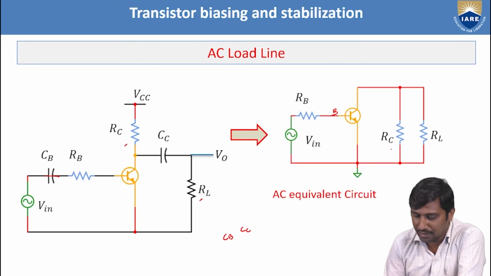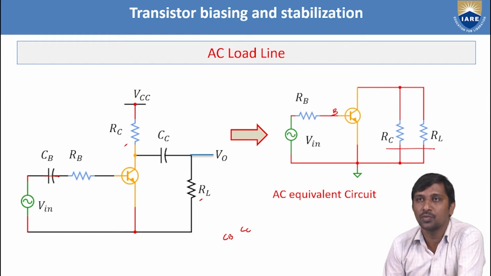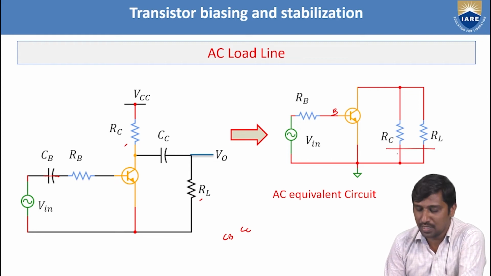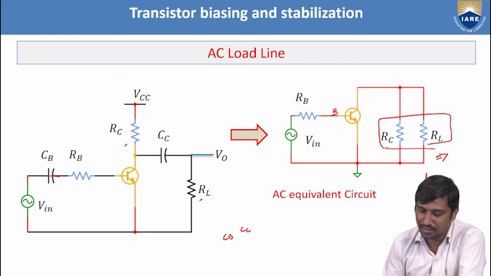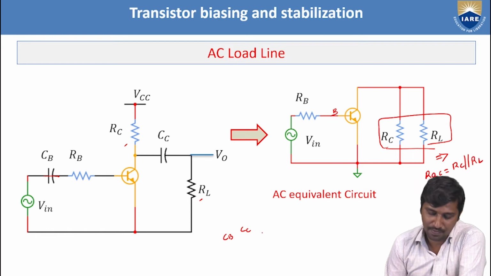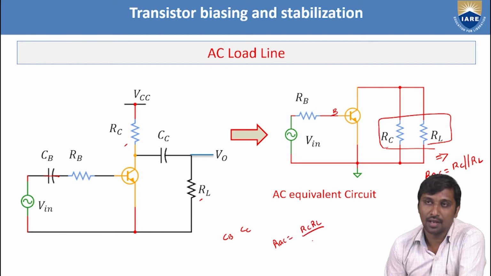Here we have two resistances in parallel combination, so I'm going to find the equivalent resistance, which is represented as RAC. This RAC is the parallel combination of the collector resistance and the load resistance. Hence, this AC resistance is represented as RC into RL divided by RC plus RL.